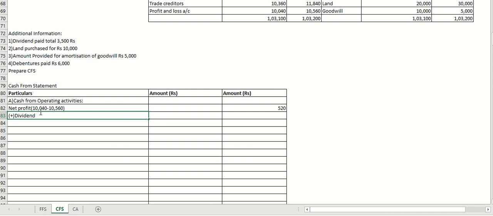If they give net profit before tax, then you will not add it. So dividend paid is 3,500. So you get your resultant figure to be 4,020. This is nothing but net profit before tax.